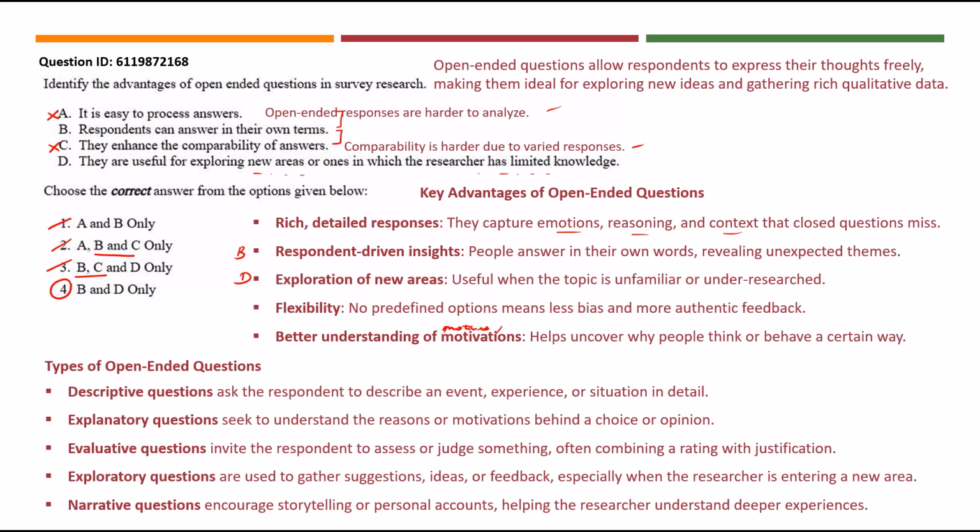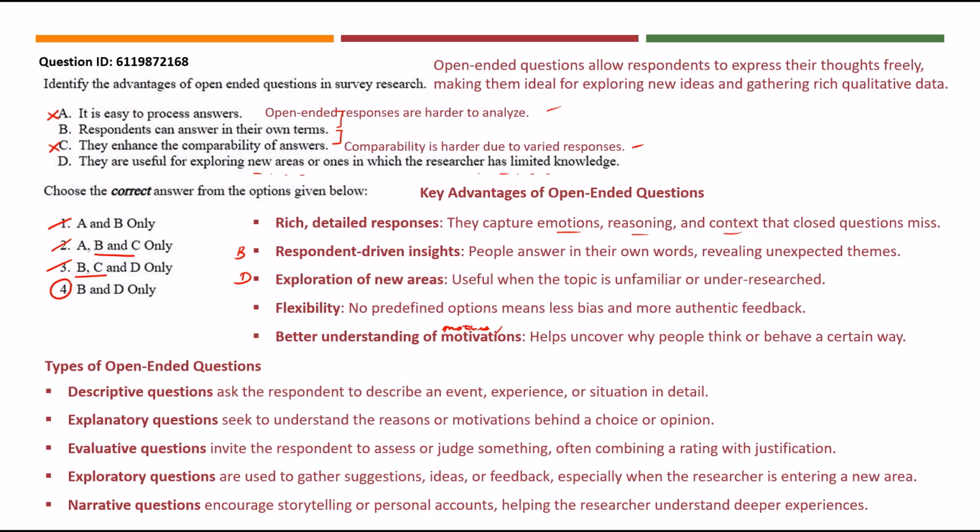What about exploratory? They are used to gather suggestions, ideas or feedback, especially when the researcher is entering a new area. When the researcher is getting into a new area like cloud computing, one way to gather suggestions is to ask which is the most prioritized part in cloud computing to carry on research, or they can ask for ideas or feedback about their choice, anything that is allowing you to explore.